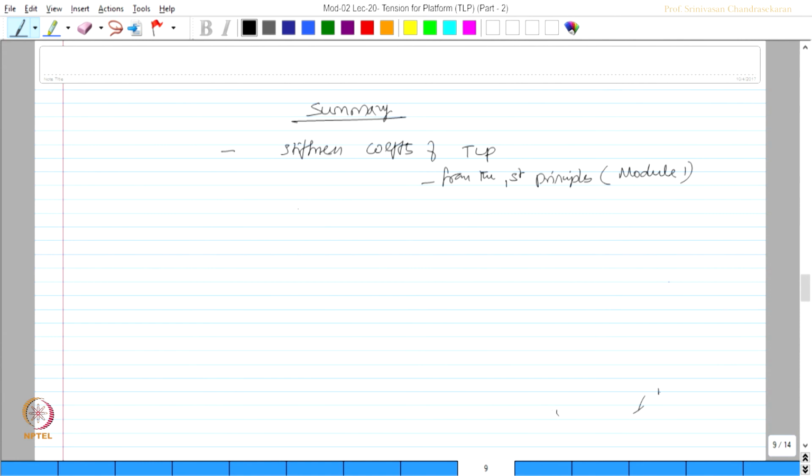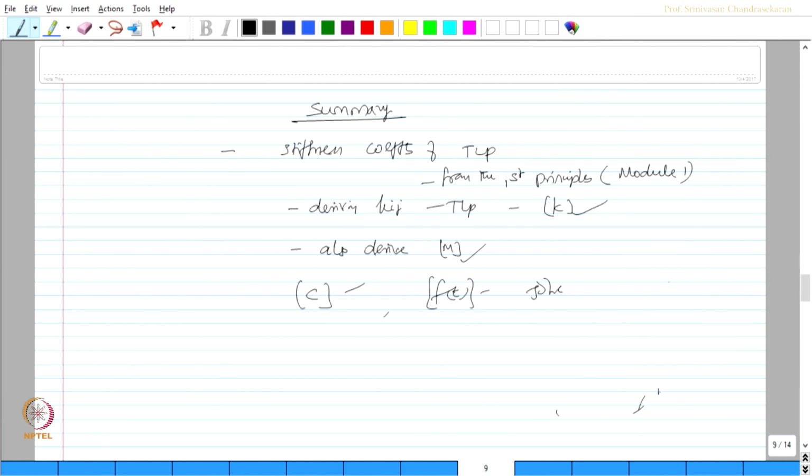We are deriving the stiffness coefficients of a TLP to get the stiffness matrix. We will also derive the mass matrix. Once I have the mass and stiffness matrix, I can find the damping matrix, I can find f of t, and then I can solve this problem, which I will explain in the subsequent lectures.